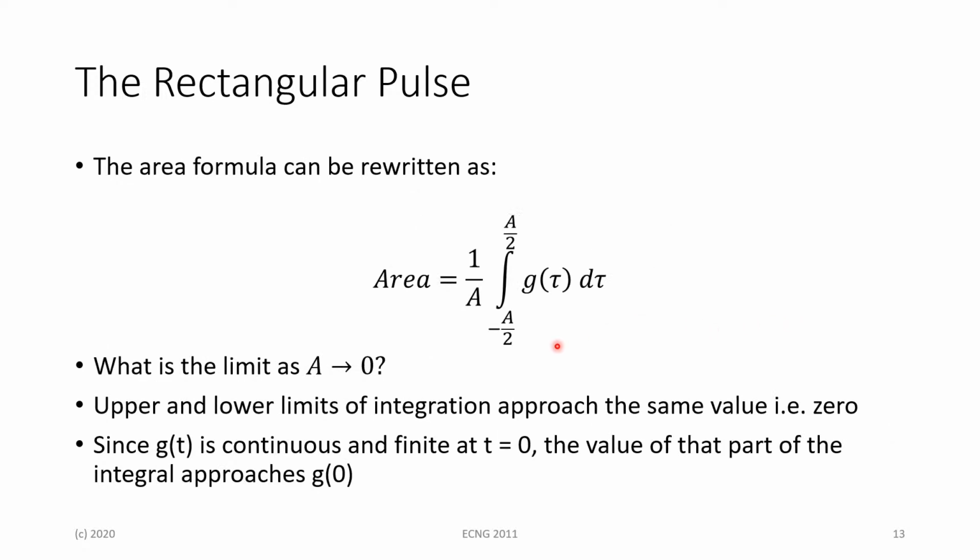The reason why this is like that is because when you do an integral, remember, the integral for when you're crossing 0 is done in 2 steps. You do the integral from negative a on 2 to 0, and then you also do the integral from 0 to a on 2. The upper and lower limits of that integration approach the same value, being 0.